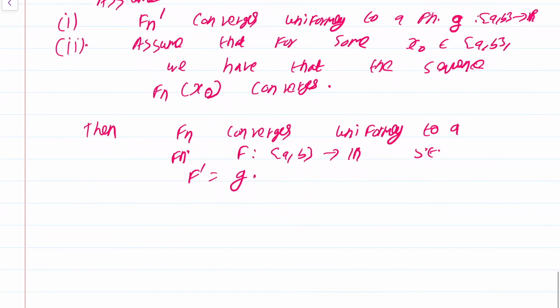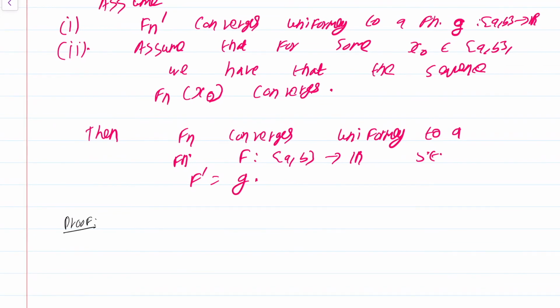Okay, proof. So how should we approach proving this theorem? We already know that uniform convergence behaves very nicely with respect to integrals. So what we are going to try to do is to somehow apply the previous theorem about uniform convergence and integrals. But the hypothesis we have here is the uniform convergence of the derivatives.